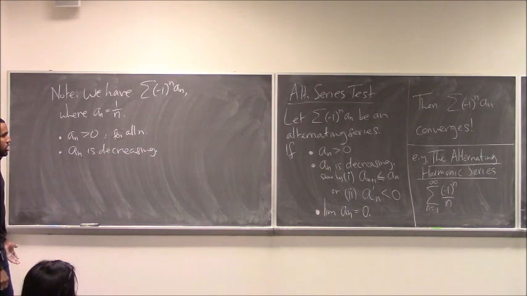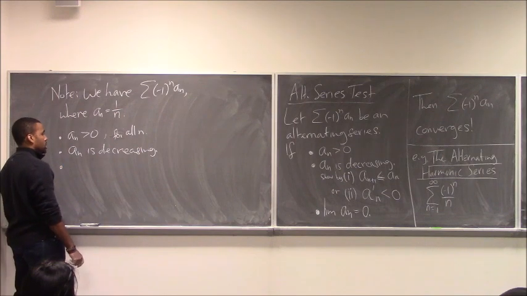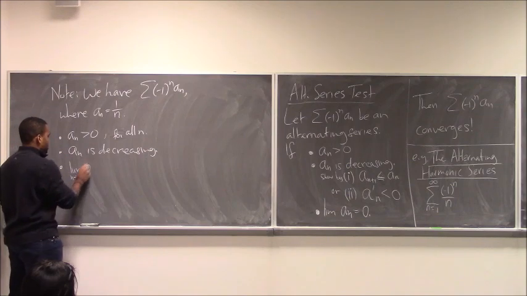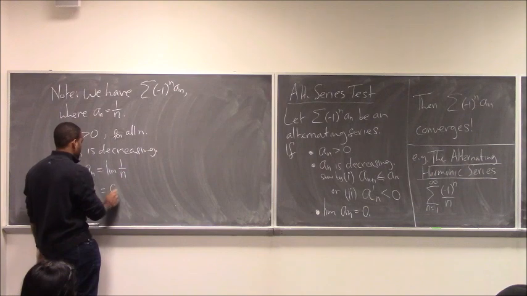And you will tell me a_n is decreasing, which again should be obvious here. The only time I'd say it needs justification is if it's really crazy looking and there's no reason for you to just see that it's decreasing. You probably have to do a little bit of justification. And lastly, if I take the limit as n approaches infinity of a_n, this is the limit of 1 over n, that is 0.